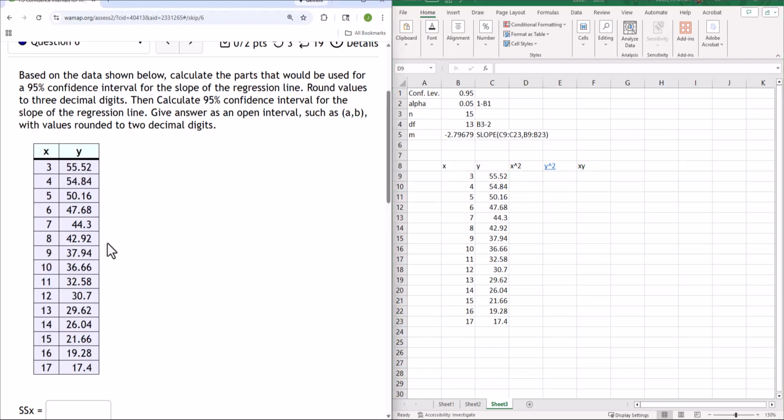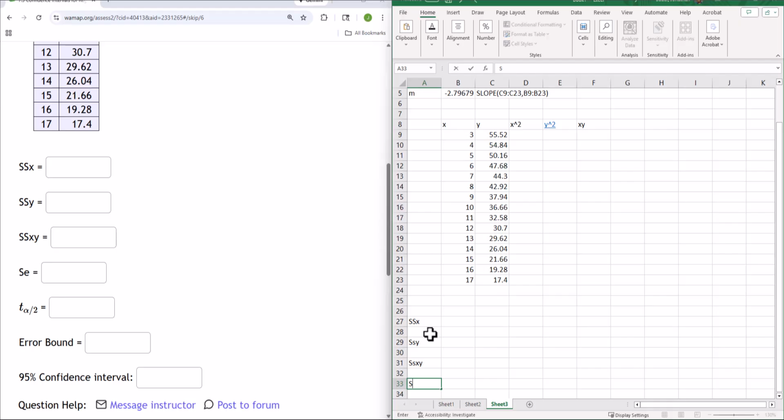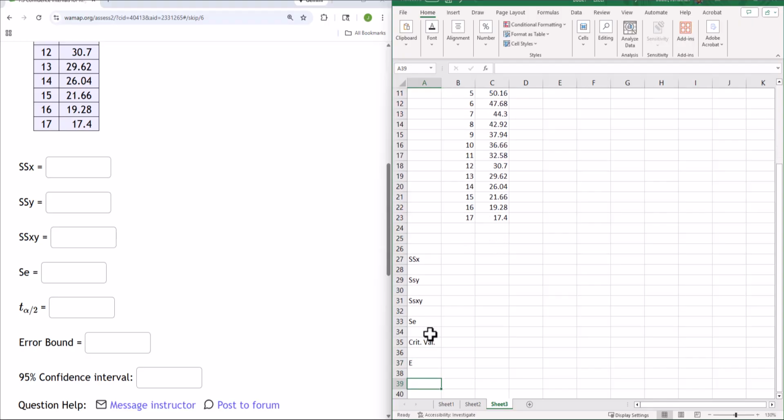So anyway, we're interested in finding all of these, so I'm going to go ahead and write these down here: SS sub x and SS sub y, and then SS sub xy, our standard error, our critical value, our error bound, our margin of error, and then actually I'll use the lower and the upper to find the actual value there.